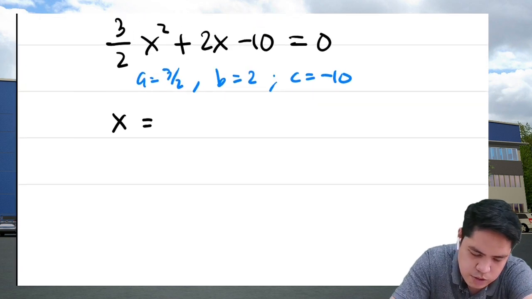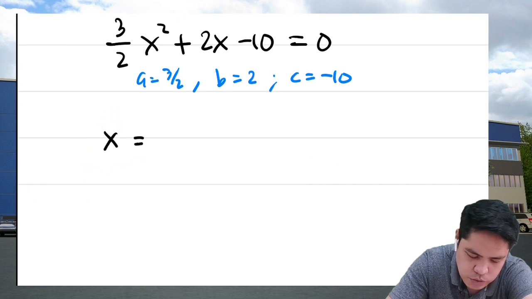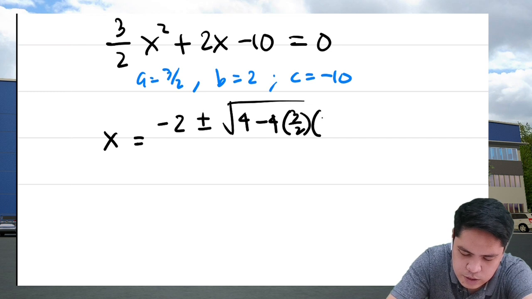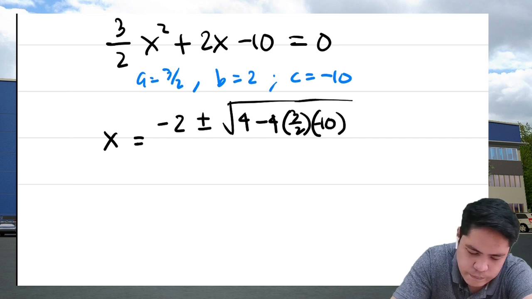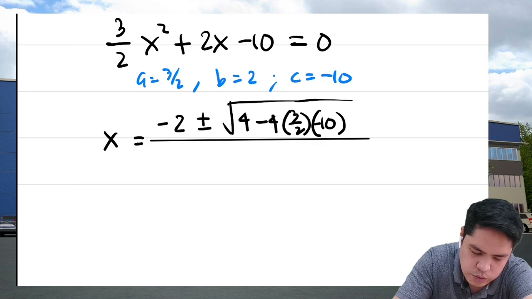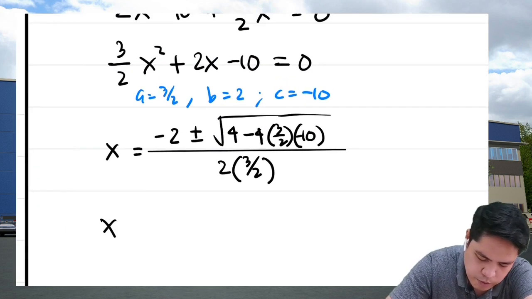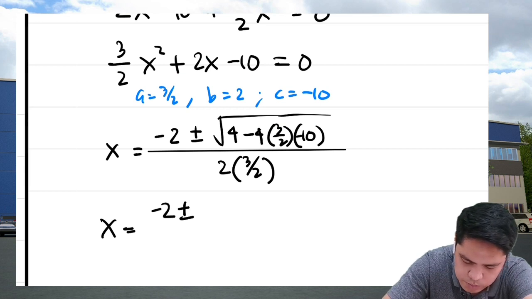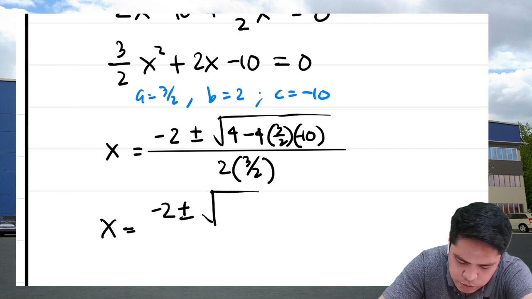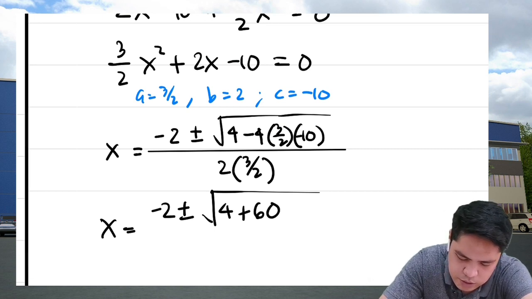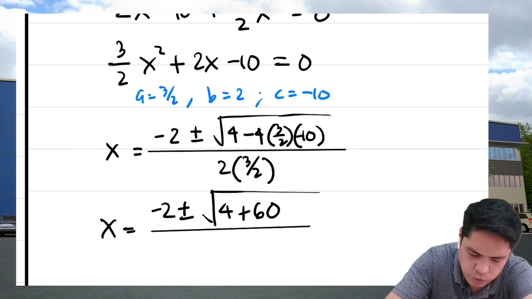Then let's just substitute. Let me simplify that. That would be negative 2 plus or minus the square root of 4 plus 60, so that will be 64 over 3.